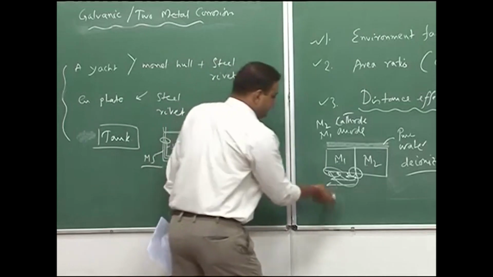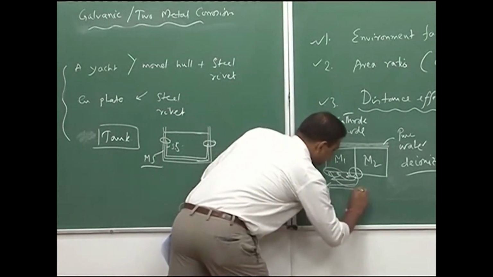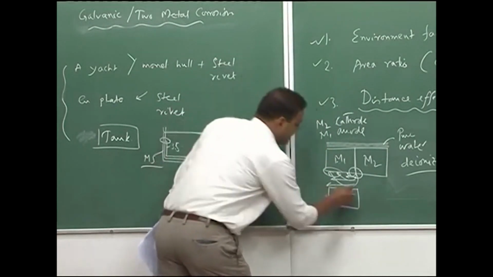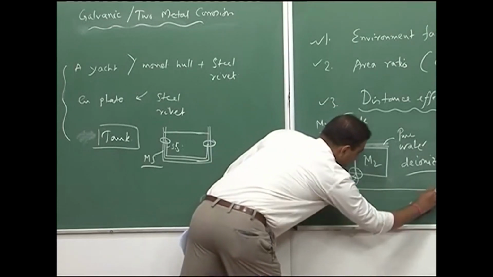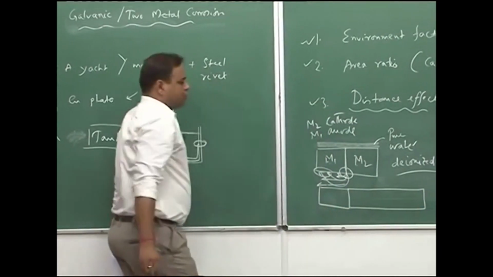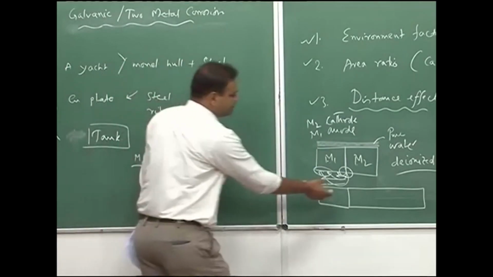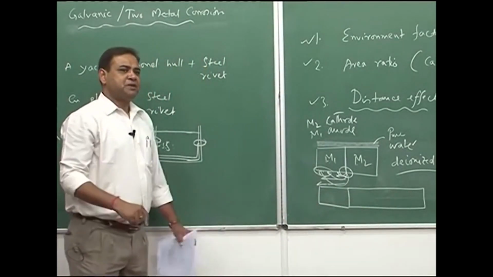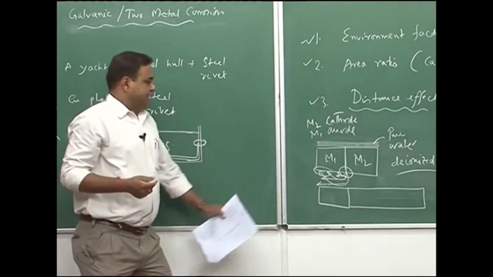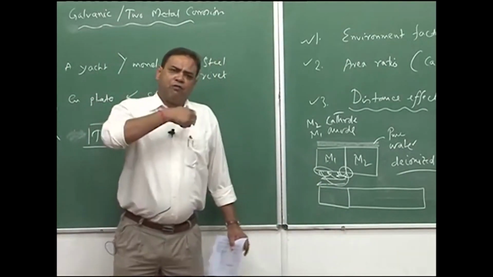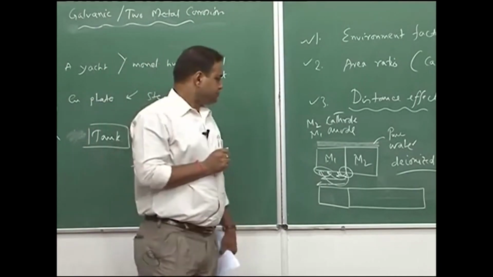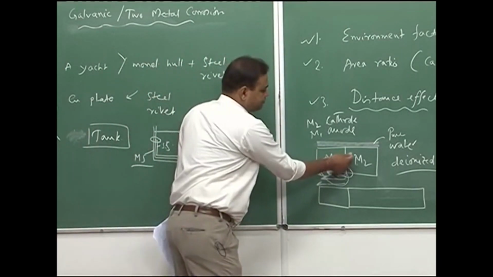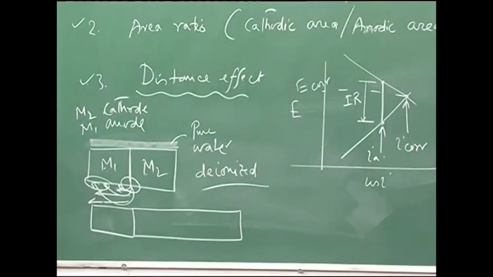But if the situation is like this, if M1 is active and M2 is noble and M2 has a larger area compared to M1, then the situation would be very different and the M1 corrosion rate would be manifold compared to the situation where the areas are the same.